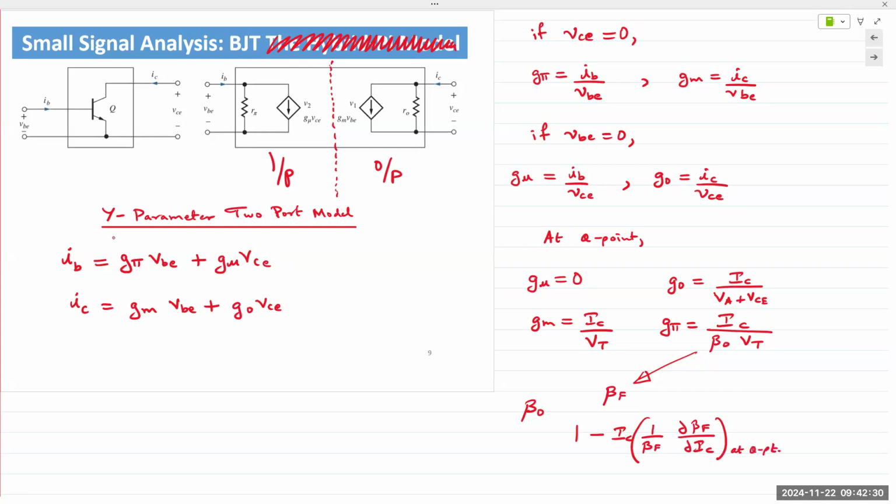It is the slope of the curve, the function of the forward beta gain versus IC. Now remember, there's a slope in the output characteristic curves. As the IC increases, the beta also increases. So the slope of that line, we can use that to describe beta O.